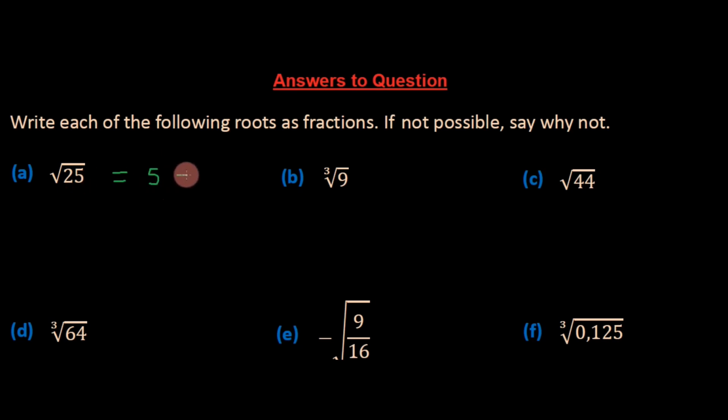And 5 is an integer, which we can write as a fraction as 5 over 1. Then we have the cube root of 9. 9 is not a perfect cube, so we can't write this as a fraction. So not possible. And the reason is that 9 is not a perfect cube.